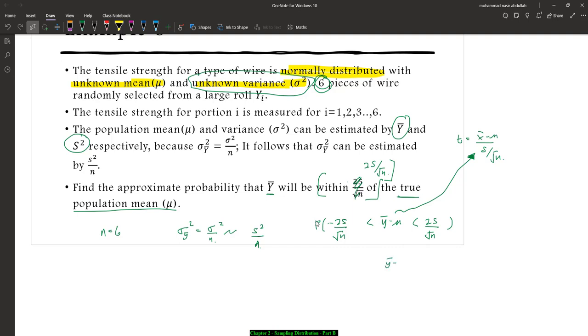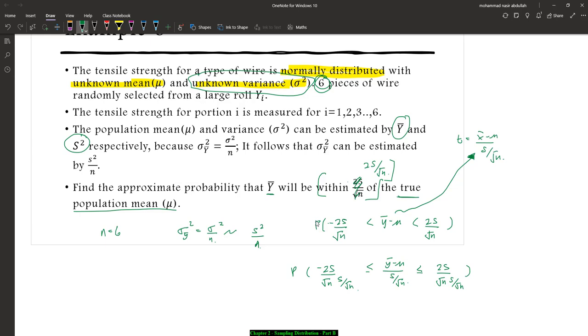So x bar minus mu, we just impose another parameter, which is s over square root of n. Another one is negative 2s over square root of n. So divide by s over square root of n. Another one is 2s over square root of n divided by s over square root of n.